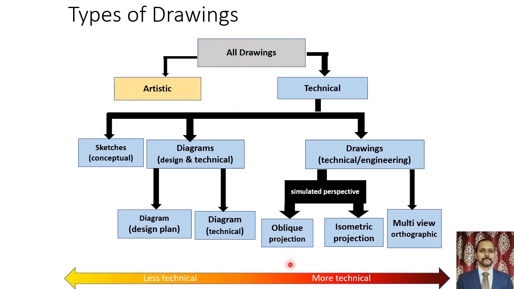And if you go on the right hand side of this classification, it is more technical. So we are going to see this isometric projection and this multi-view, that is orthographic. Then what are the projection methods?